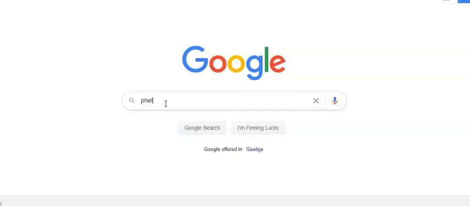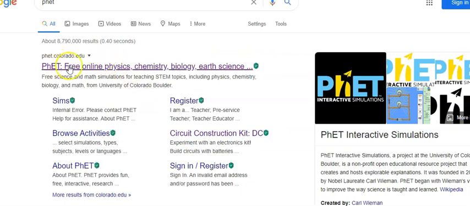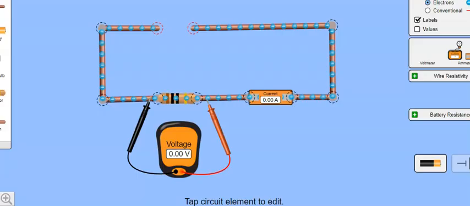When you Google that, usually the first website that comes up is University of Colorado. There it is, and you click into that website. You click on simulations, you click on physics, and you will find a whole range of simulations for electronic circuits and other things. But the one we're going to use is called Construction Kit DC.